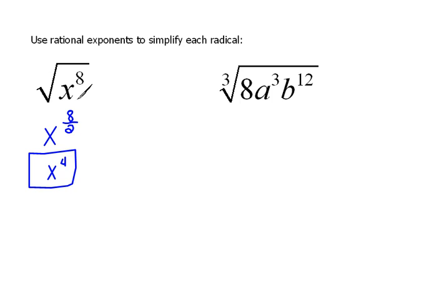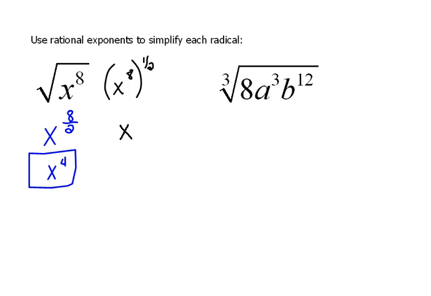Now, I also want to talk about an alternate way of looking at this. Would this be the same thing as saying x to the 8th raised to the 1/2 power? It absolutely would, because the square root is the same thing as saying the 1/2 power. And then we could use another one of the exponent rules that says when we've got power to power, we multiply.